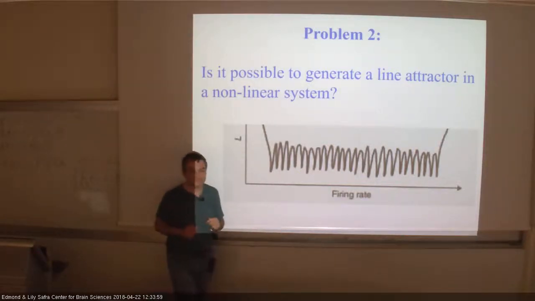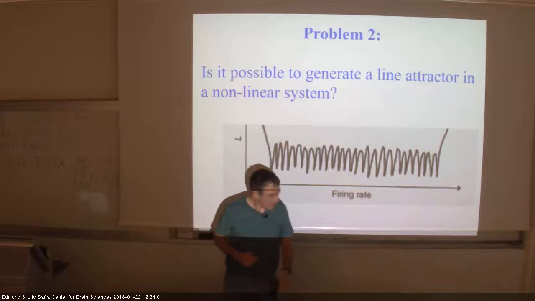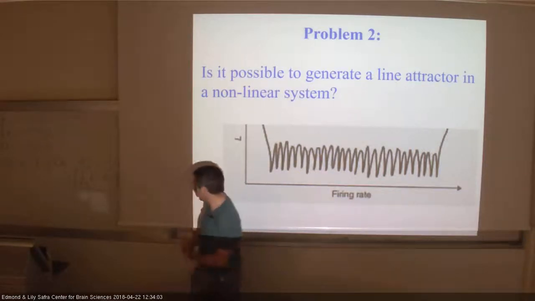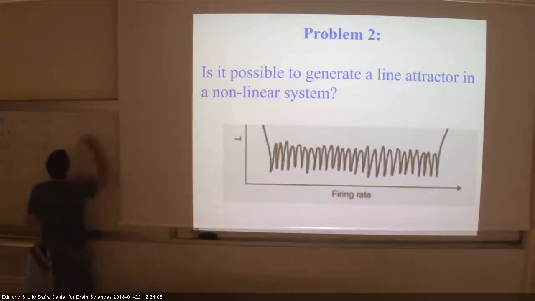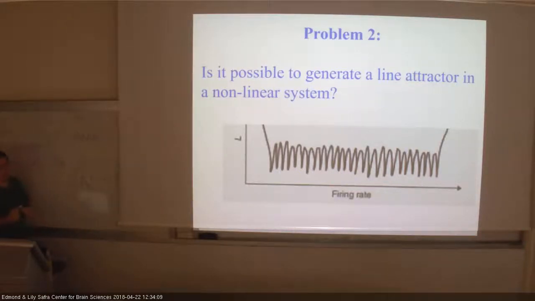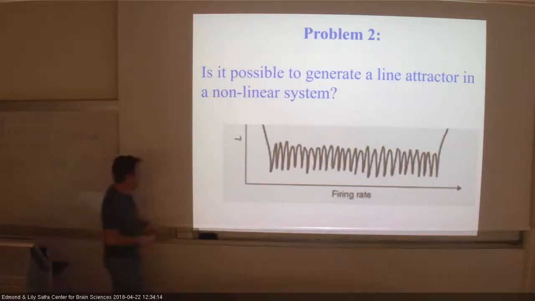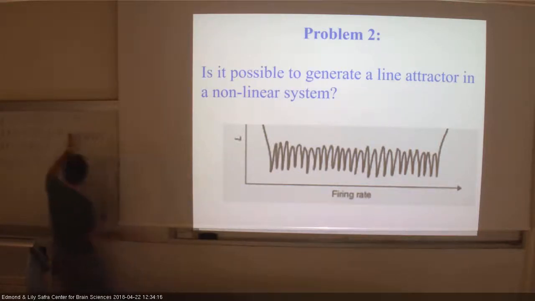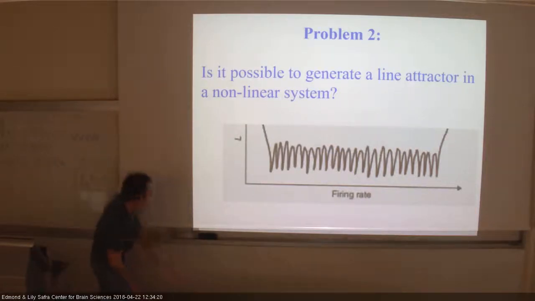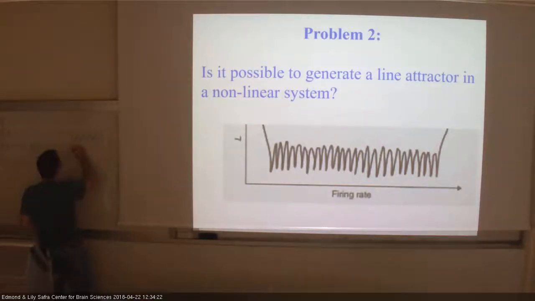Yes? What makes the system robust? How do we see it? Well, okay, this is the energy landscape. Now I'm going to tilt it a little bit. So if I tilt it a little bit, I will get something that will look like this. Okay, but the minima are maintained.